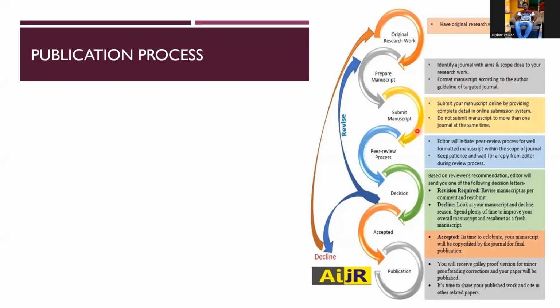Okay, then you prepare the manuscript, you submit the manuscript. Nowadays, online submissions of the manuscripts are there. Many journals ask you to submit the manuscript online. So you have to get acquainted with the interface of submitting the manuscript online.